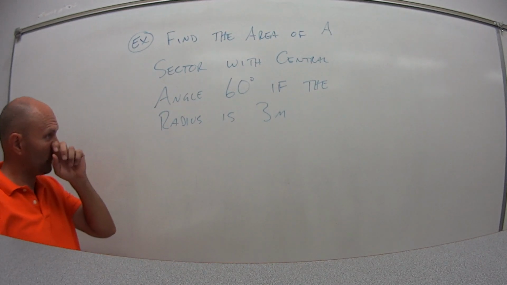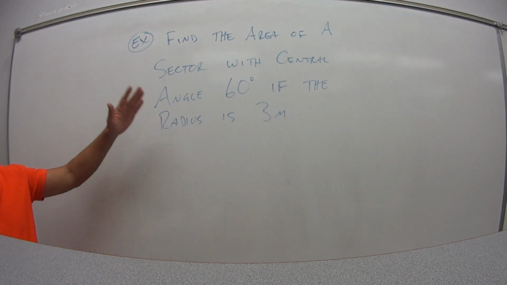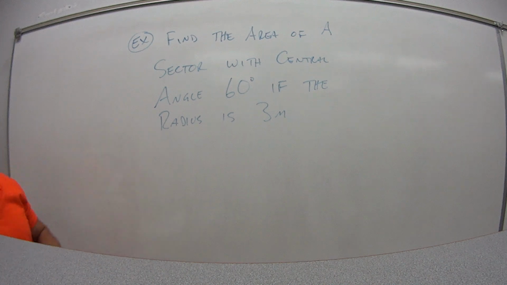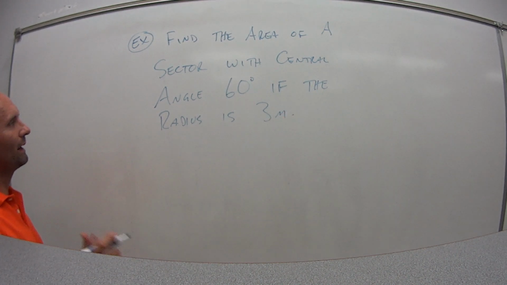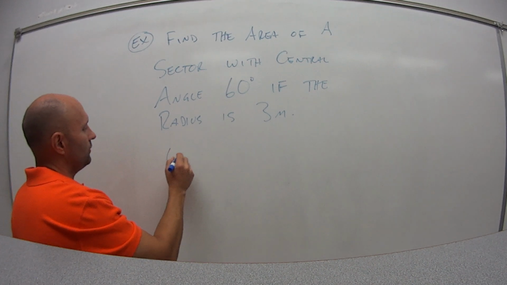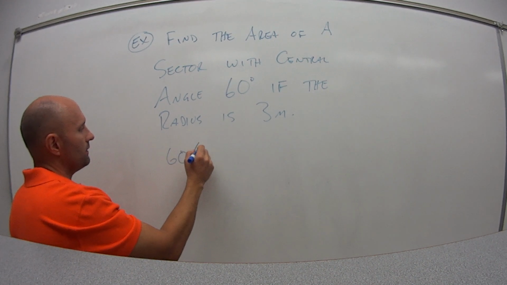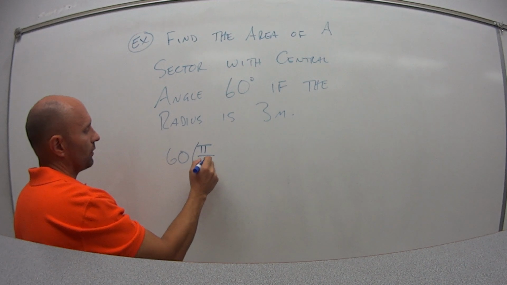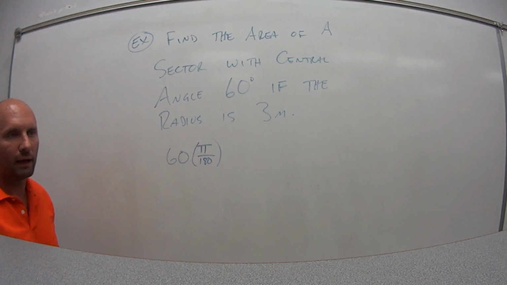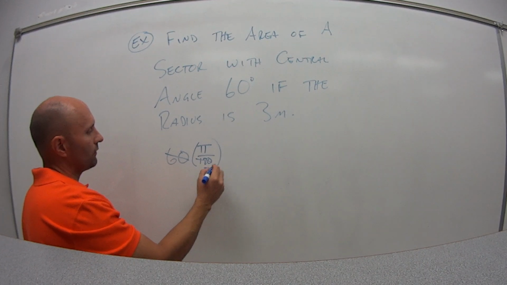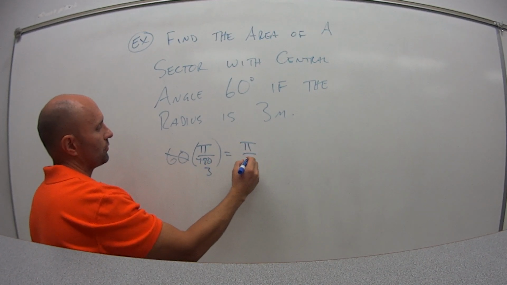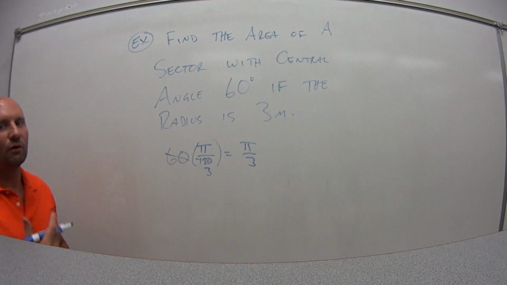So the radius of the circle is 3 meters. We have 60 degrees. We want to fill in that area and find out the area of that sector. Again, first thing we need to do, convert 60 degrees to radians. So we're going to multiply by pi over 180. 60 cancels with the 180 and gives us 3. So this is actually pi over 3 radians.